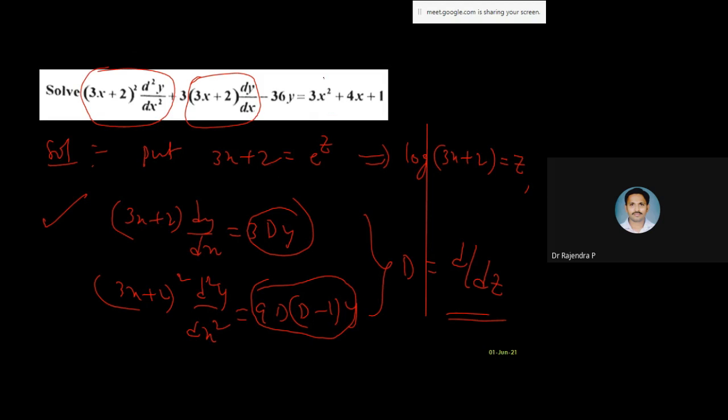Because we have to substitute in place of x. 3x plus 2 is e power z. What is x from this? X is equal to (e power z minus 2) divided by 3.